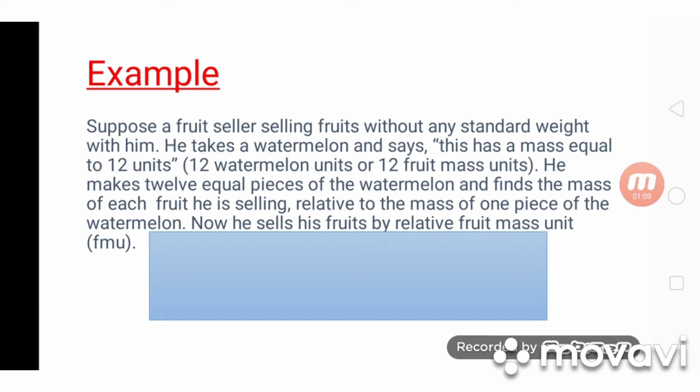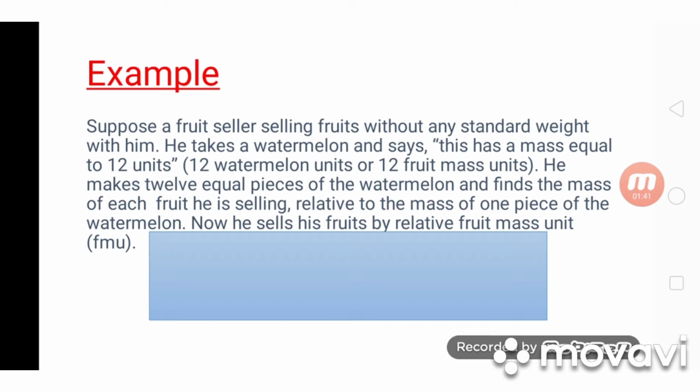He takes a watermelon and says, "This has a mass equal to 12 units," which could be 12 watermelon units or 12 fruit mass units. He makes 12 equal pieces of the watermelon and finds the mass of each fruit he is selling relative to the mass of one piece of the watermelon. Now he sells his fruits by relative fruit mass unit.